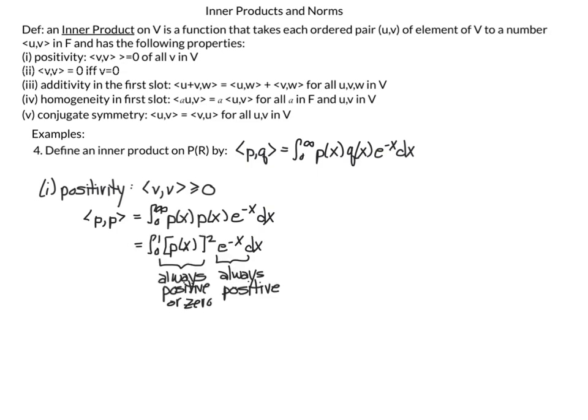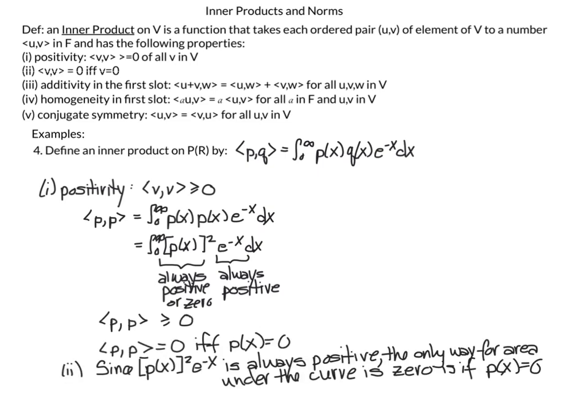So what we have is the integral from 0 to infinity of p of x squared. This is a polynomial, and so this is always positive or 0. And then we'll also note that our e to the minus x is always a positive number, which then gives us our inner product of p with itself is always greater than or equal to 0.